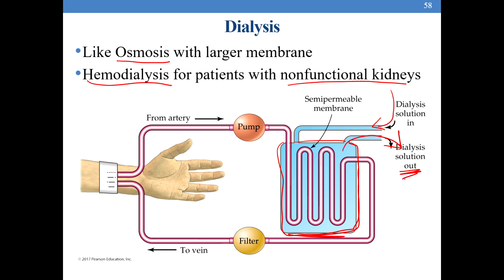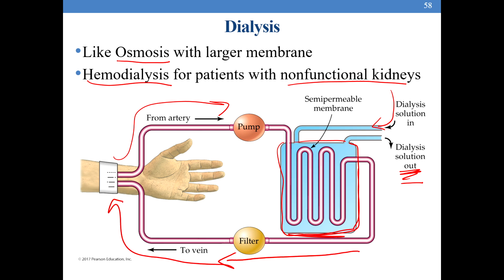That's dialysis solution out, okay? So all the toxins are leaving, okay? But the person's blood is traveling this way, pumping through the semipermeable membrane, and then it's sent back in on the bottom here, okay? So that's just so you have the concept to know how dialysis works.